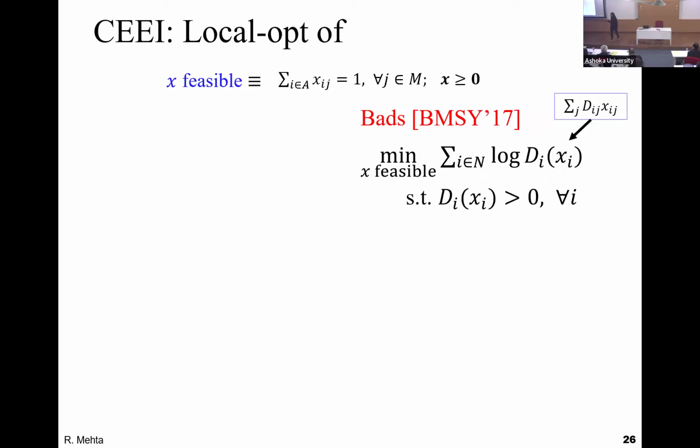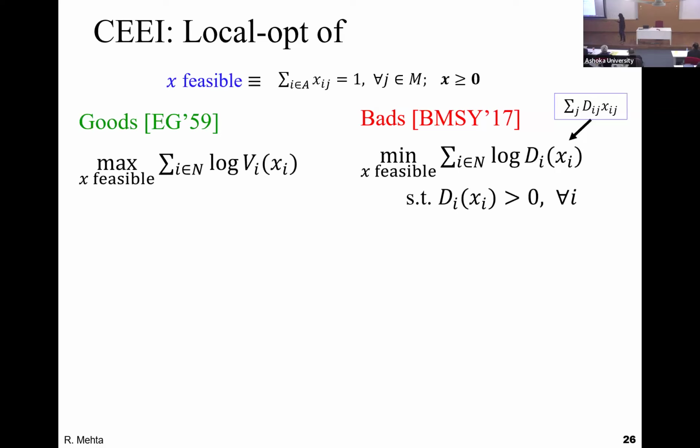Log is an increasing function, so you're not changing the optimization problem at all. And this exactly reflects the Eisenberg-Gale program for goods from '59. There, instead of minimizing, you are maximizing.